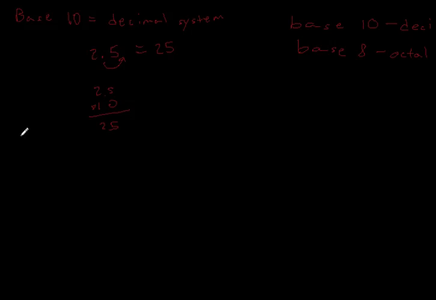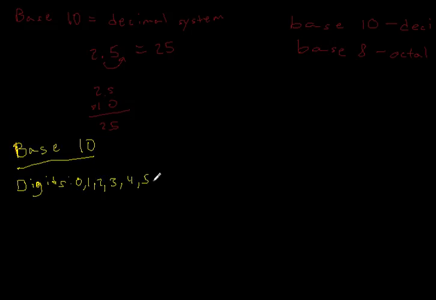Under base 10, our place values are powers of 10, so my digits are actually 0, 1, 2, 3, 4, 5, 6, 7, 8, 9, and then I'd repeat counting at a different level.